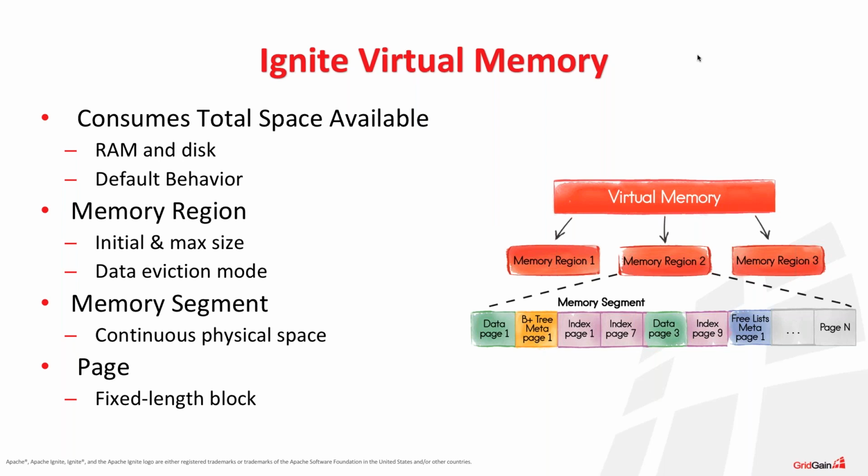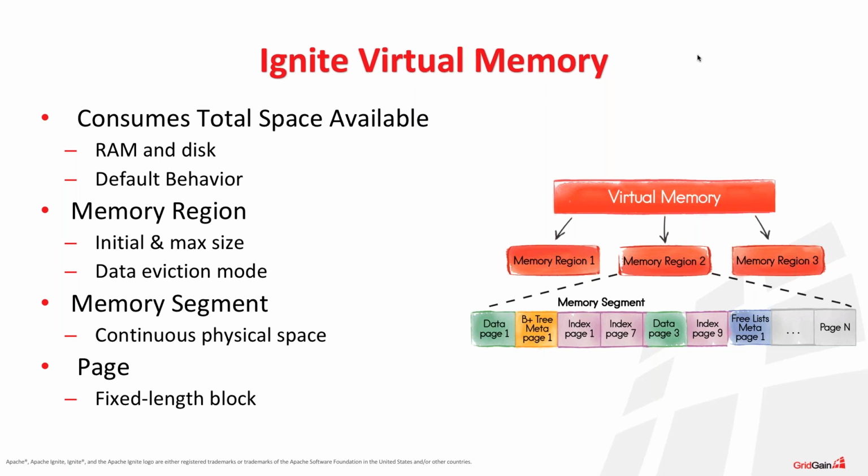Next, every memory region is split into one or more memory segments. A memory segment is a continuous physical space. To be more precise, virtual memory and memory regions are logical structures, logical terms.